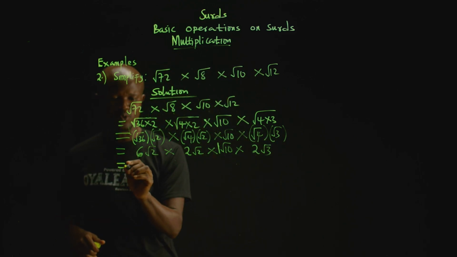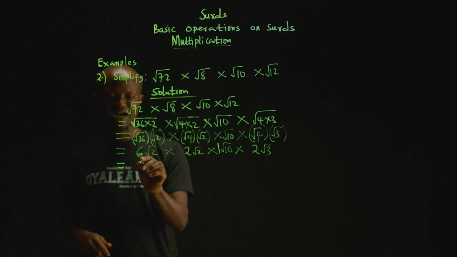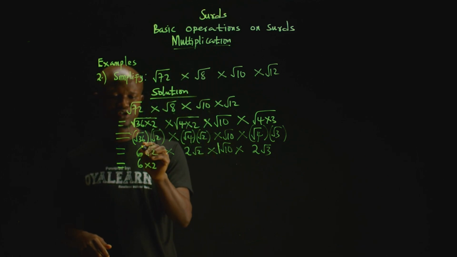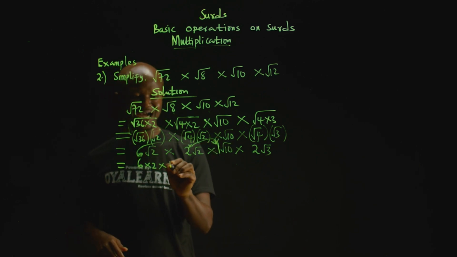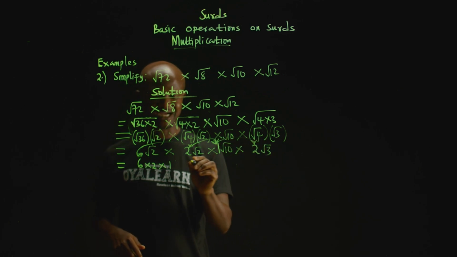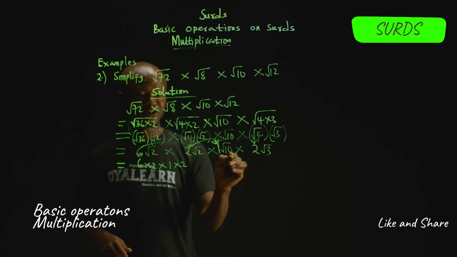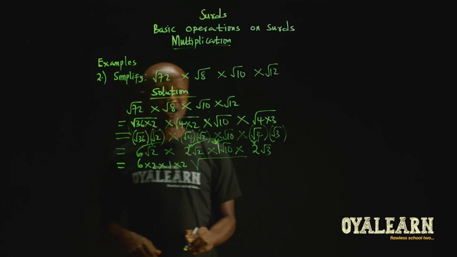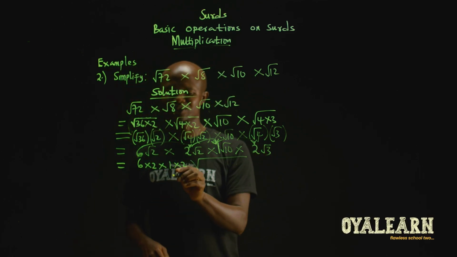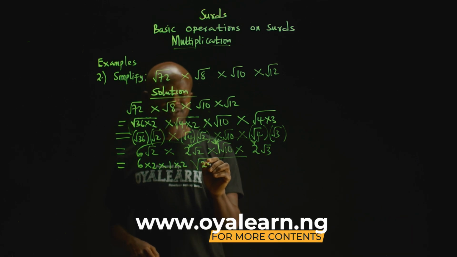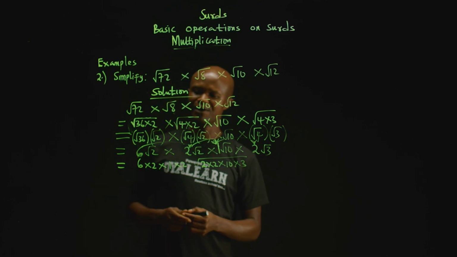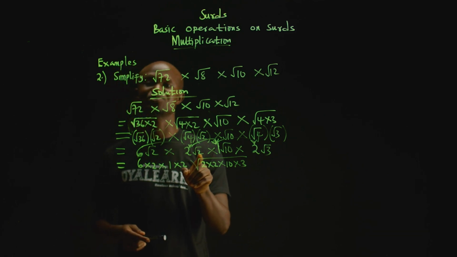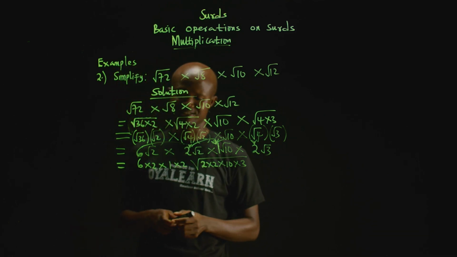So from what we are having here, looking at the coefficients, we now have 6 times 2 times 1 times 2. For the square roots, we are going to have 2 times 2, then times 10, then times 3. And from here also, we know that root 2 times root 2 will also give us 2. So that's another way to simplify that.